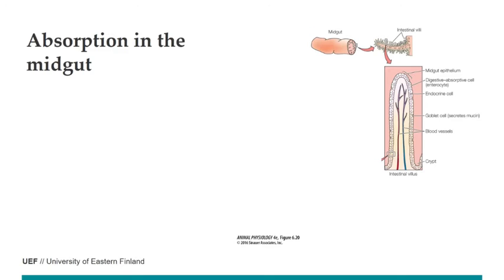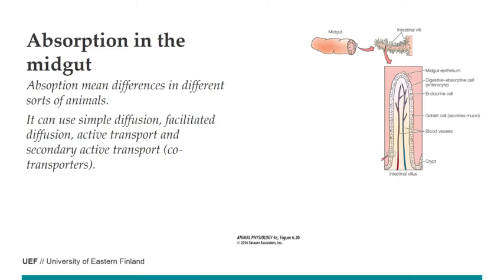Okay, how is this absorption in the midgut then done? Because absorption means different things in different sorts of animals. Are they taking the nutrients in very small parts, or are they digesting inside the cells? Different kinds of ways can be used to transport stuff through the membrane. Simple diffusion for small particles, or those that are hydrophobic.